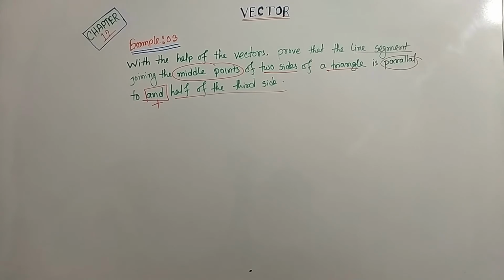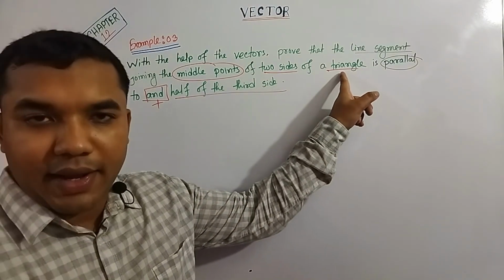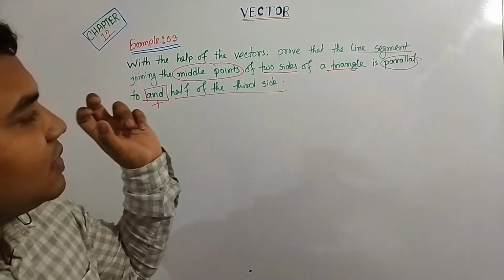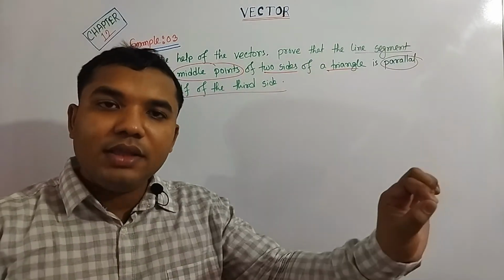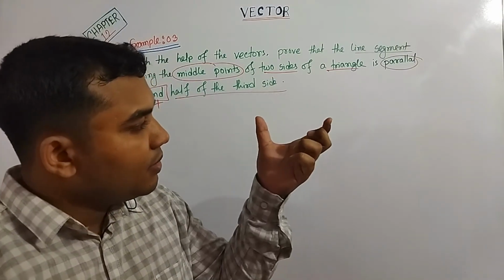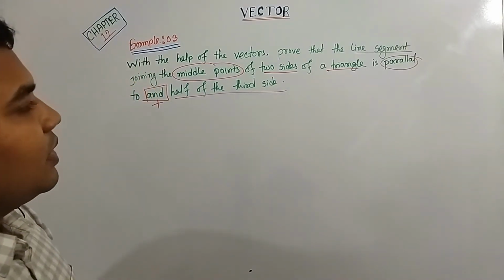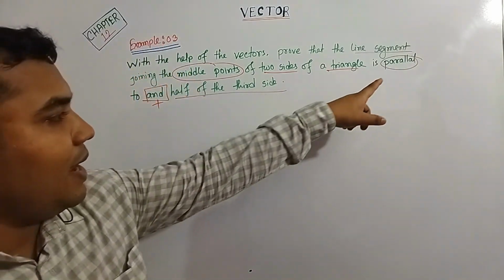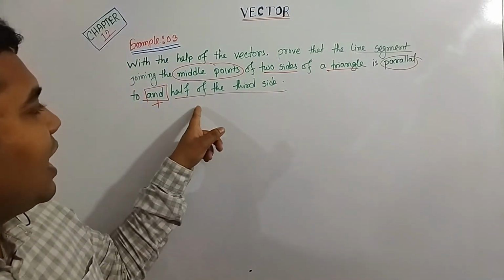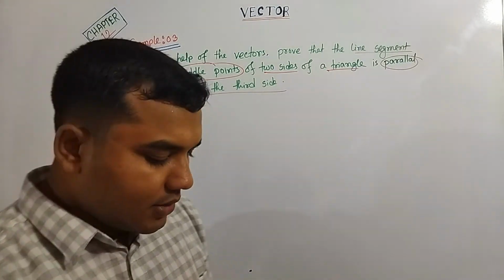So what is this talking about here? We'll go for a triangle first, and this triangle has two midpoints for two sides, and if we join the two points, then the line joining them will be parallel to the third side, and that will be half of the third side. So let's have a look.